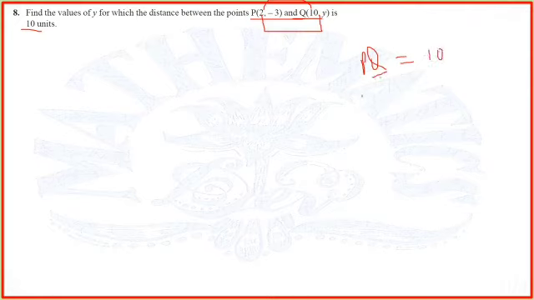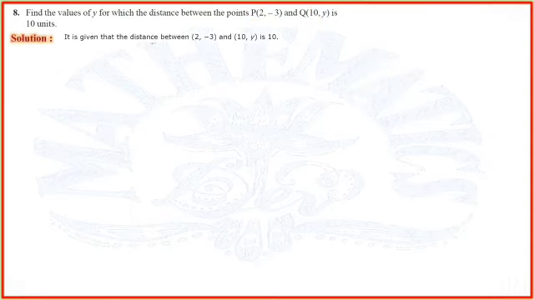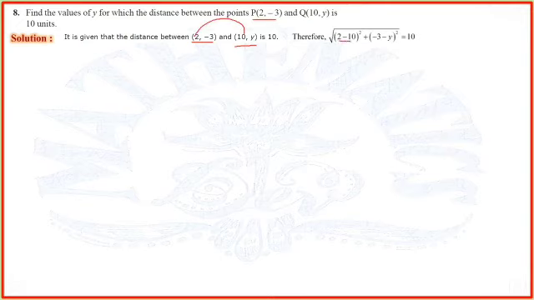So we will be using the square root of (x1 minus x2) whole square plus (y1 minus y2) whole square. So we are going for the solution. It is given that the distance between P(2, -3) and (10, y) is 10. So that means the square root of (2 minus 10) whole square plus (-3 minus y) whole square is equal to 10.